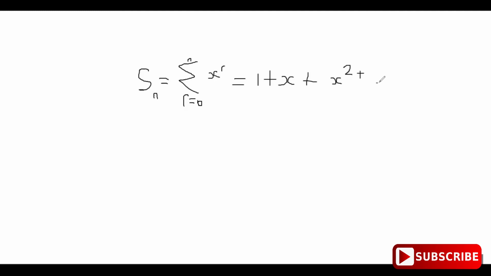What we can clearly see is that the common ratio, let's call it r, is equal to t2 divided by t1, which is x. So the common ratio is x, and it's going to be convergent when x is between 1 and -1.